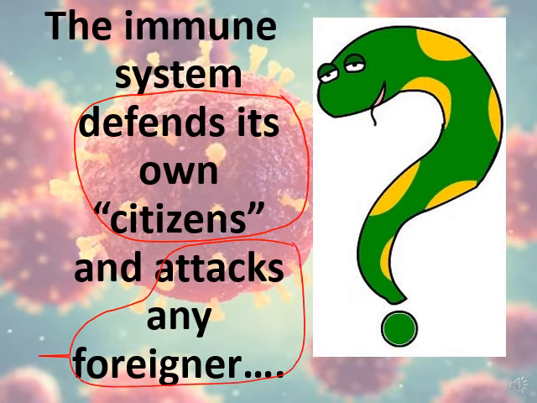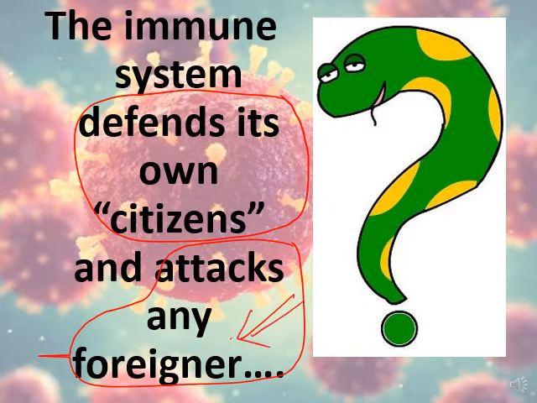So here is the first conclusion, and a very important conclusion, that the immune system defends its own citizens, meaning it defends my tissues, my organs, my cells, while it will attack any foreigners. In the example, it will attack Ali's lung, because Ali's lung is a foreigner with respect to Ahmad's body, so it's classified as a foreigner.